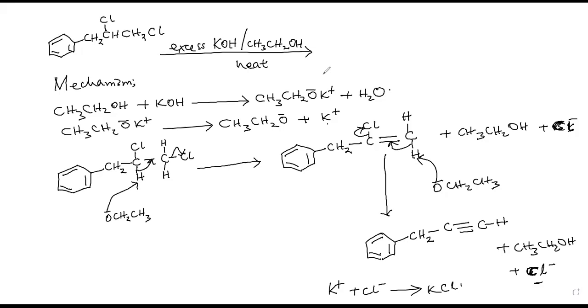So it is from this that we can move on. Now, these reactions are what we call dehydrohalogenation of vicinal dihalides. And as shown, it occurs in two steps.